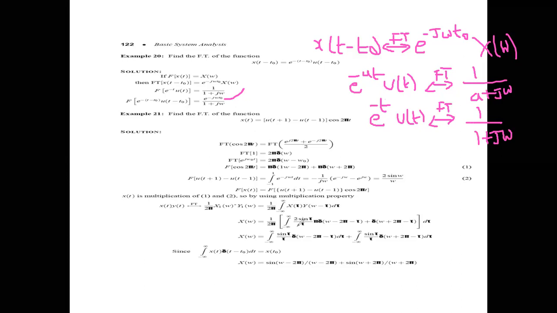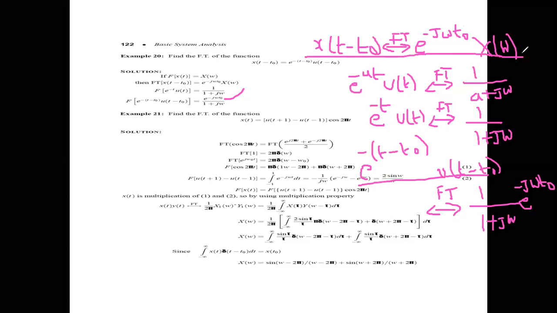When it is shifted, the functions become e power minus of t minus t naught and mu of t minus t naught. Using the time shift property, for this X of omega there is a multiplication factor of e power minus j omega t naught. Okay, my dear students.